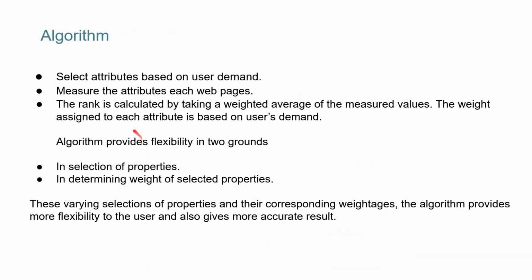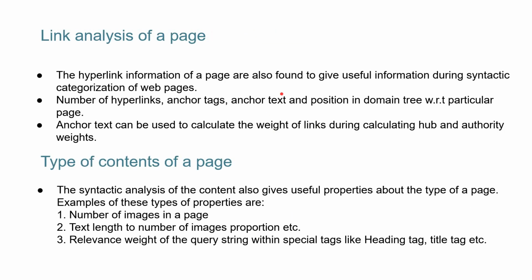Now about the implementation of the algorithm. For the algorithm, first we have to select the attributes based on user demand. Based on the user's demand, the algorithm chooses a set of properties of a web page, like we discussed here.